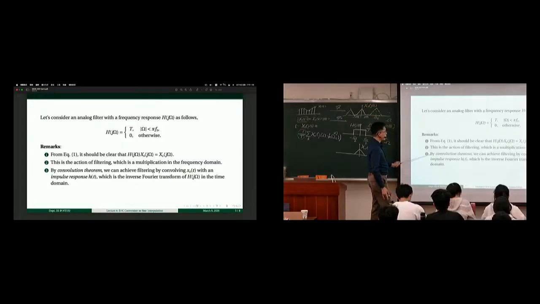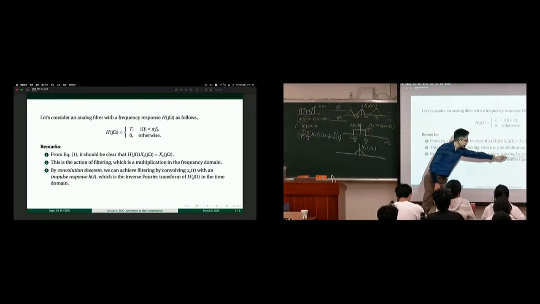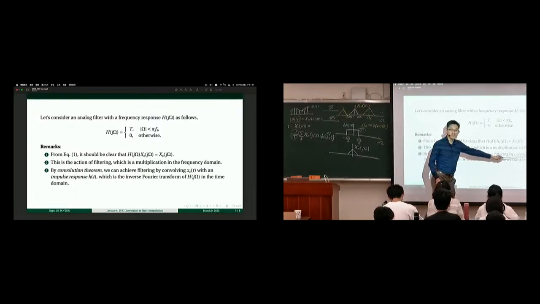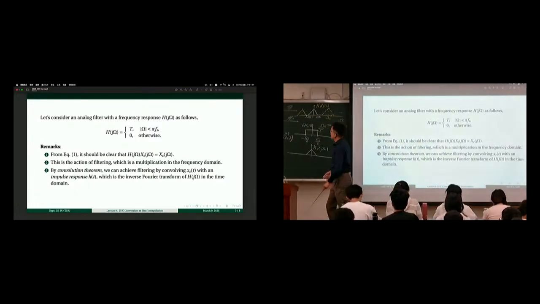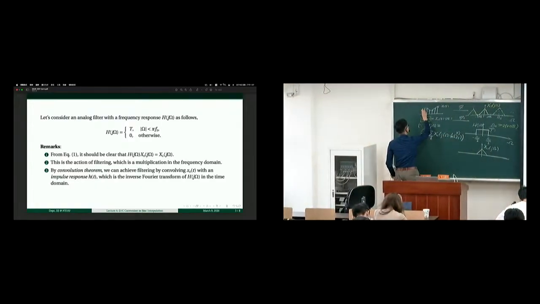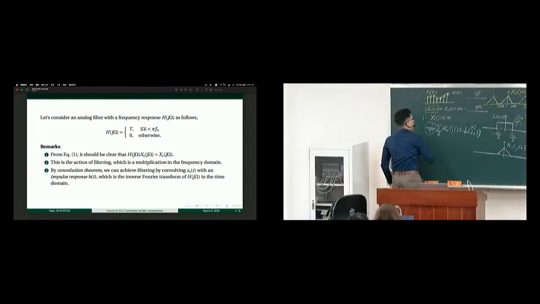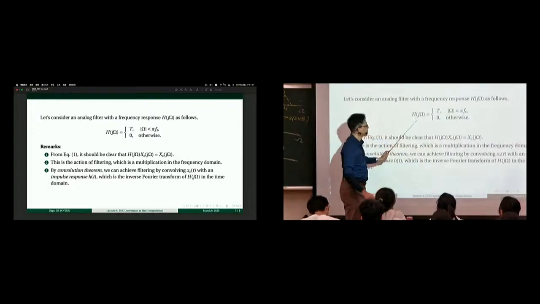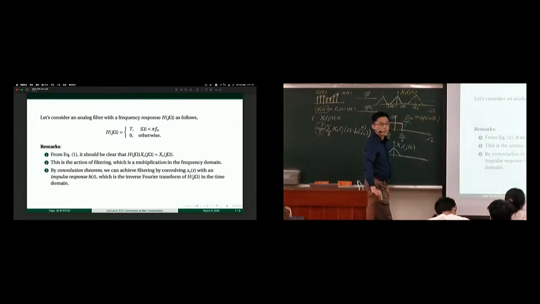So we can achieve filtering by convolving the sequence of spikes, denoted as XS, with the inverse Fourier transform of the frequency response.